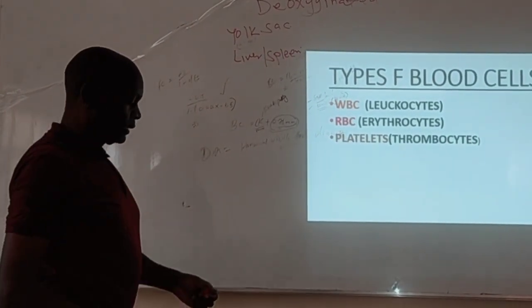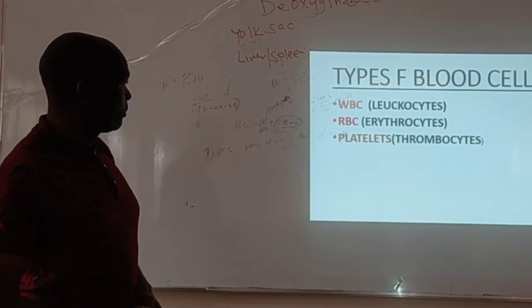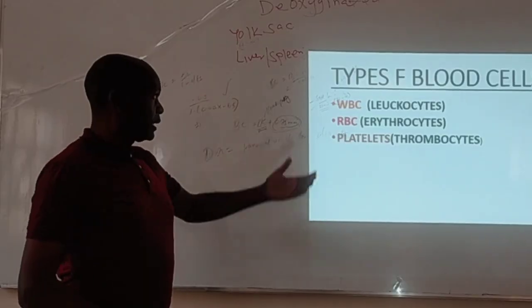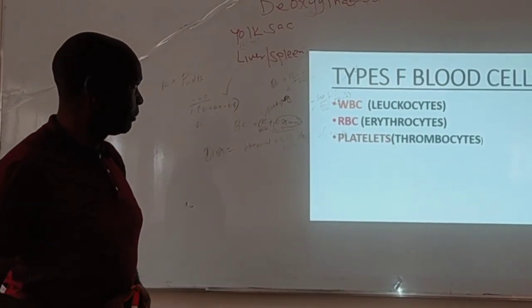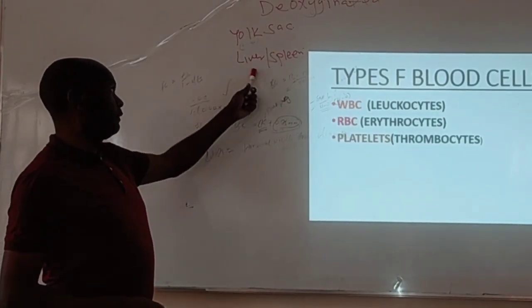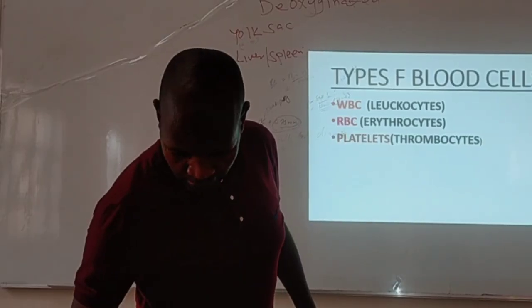So we are saying blood cells are produced in the bone marrow in adult people, in the yolk sac during embryonic life, and in the liver or the spleen during fetal life.